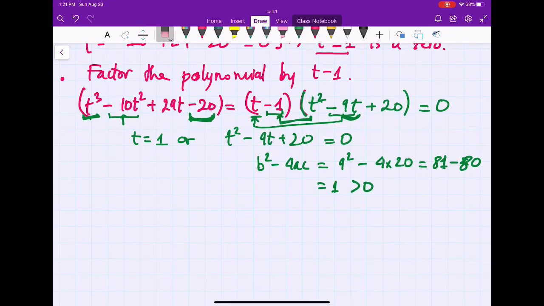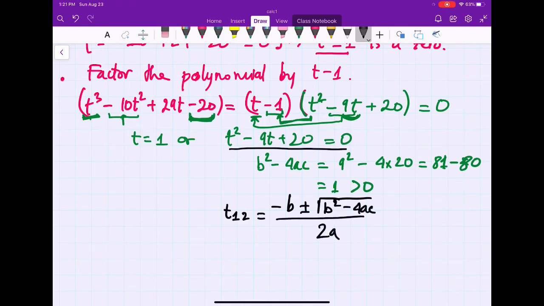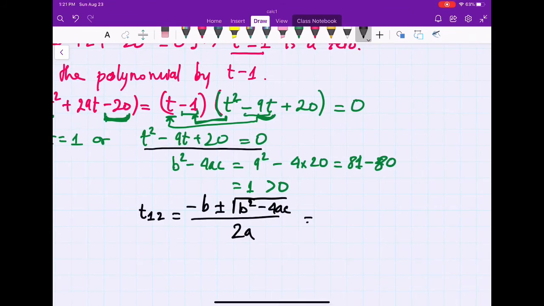The polynomial has 2 zeros, right? I mean, this equation has 2 zeros. So you have t1,2 is equal to negative b plus minus square root of b squared minus 4ac over 2a. So that is the formula. Now you plug negative b is 9 plus minus 1. We just calculate b squared minus 4ac, right?